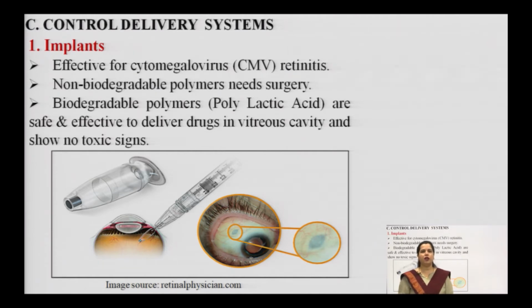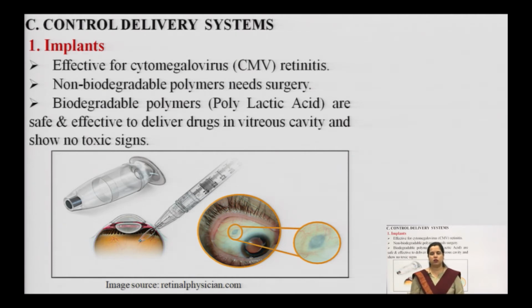Now, it is effective for cytomegalovirus retinitis. This is the disease condition in which these implants are indicated, or we can say in this type of disease condition only implants are indicated to cure the condition well as compared to the conventional ones.